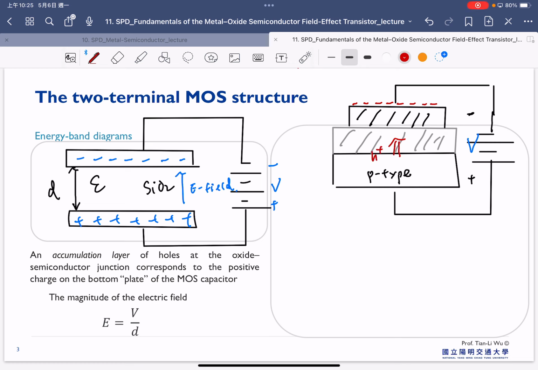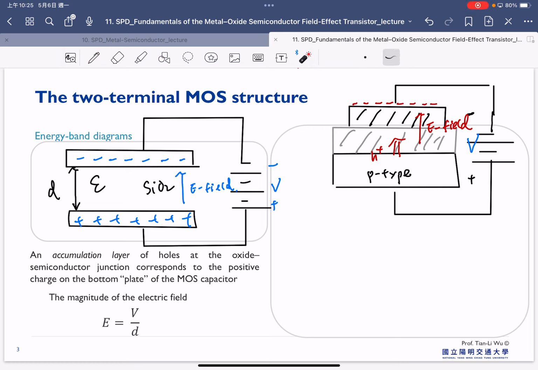So due to this negative bias, we start to attract the positive holes here. And the electric field, the E field, is in these directions here.